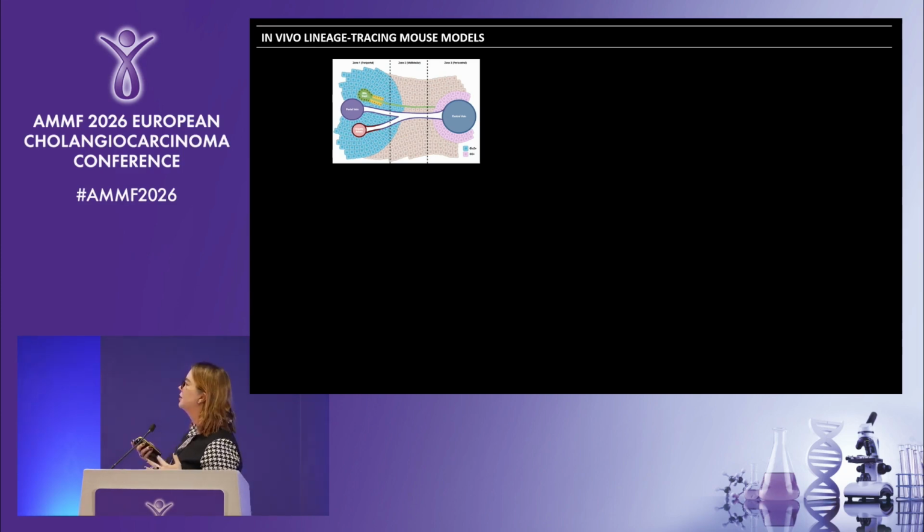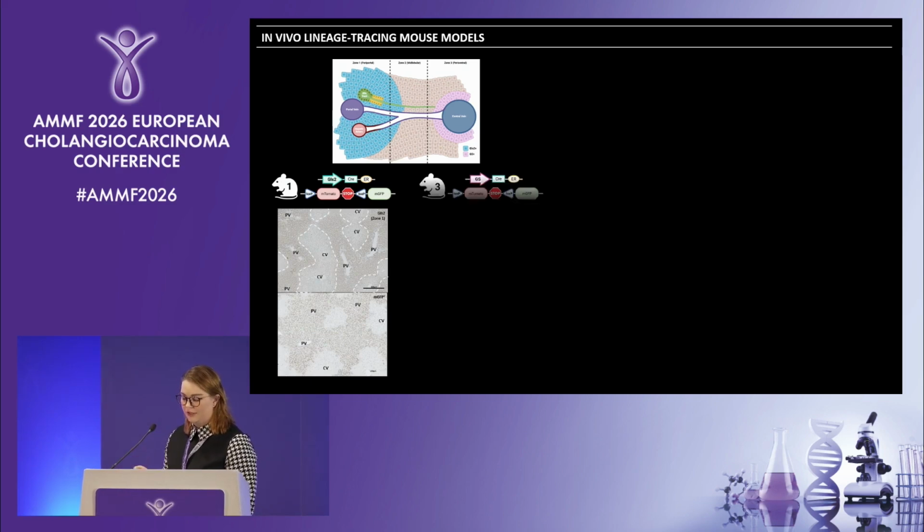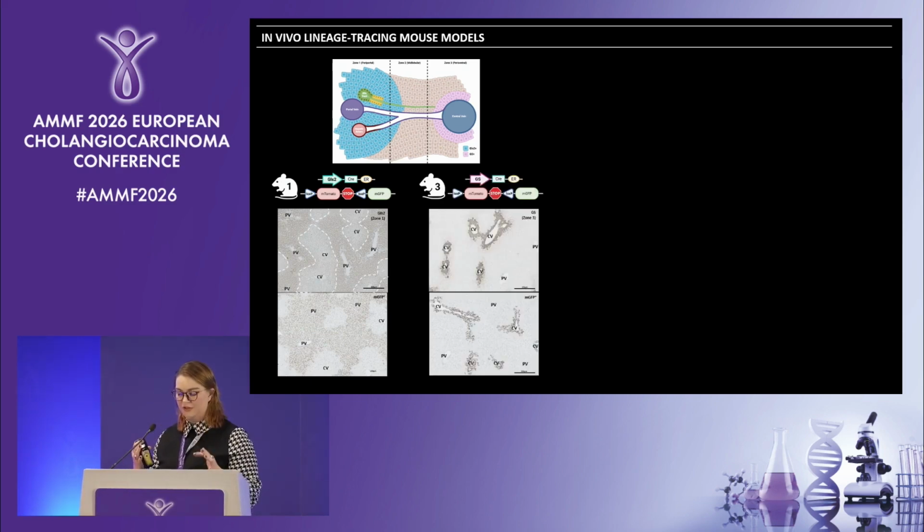And when we gave them a selective estrogen receptor modulator called tamoxifen, the membranes of the cells would then turn green. So this allowed us to then label the cells of interest. And in this study, we used glutaminase 2 as the selective Cre-driving gene for the periportal hepatocytes, and glutamine synthetase, which is a Wnt-high pericentral zone 3 marker.